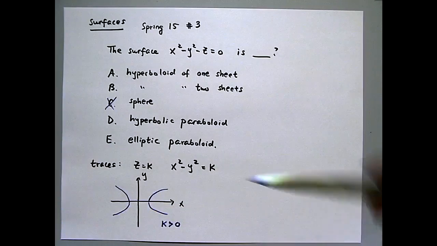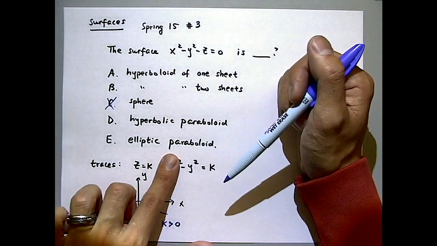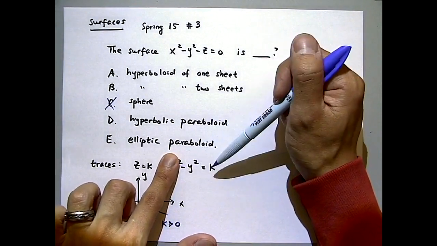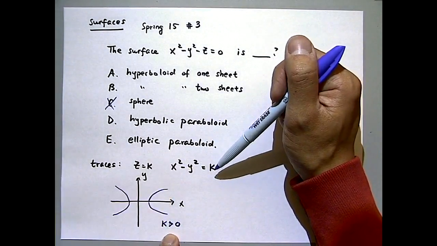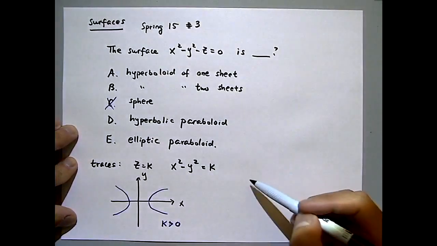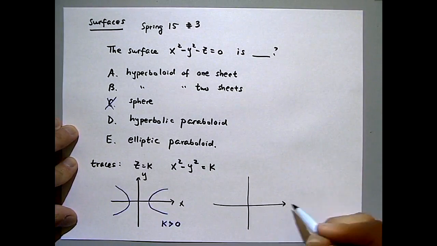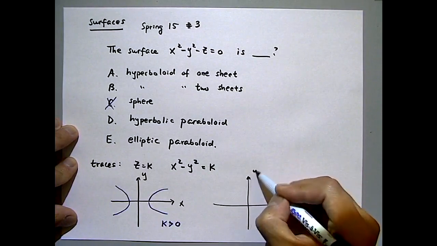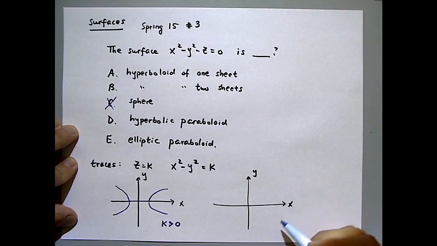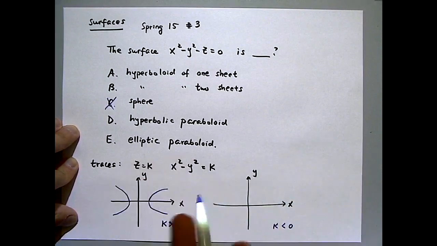The reason is because this thing cannot have a y-intercept. Because if you make x equal to 0, then you get negative y squared is equal to k. If you assume k is positive, that can't happen. So we got this kind of shape. And if k is negative, then these switched around, right?